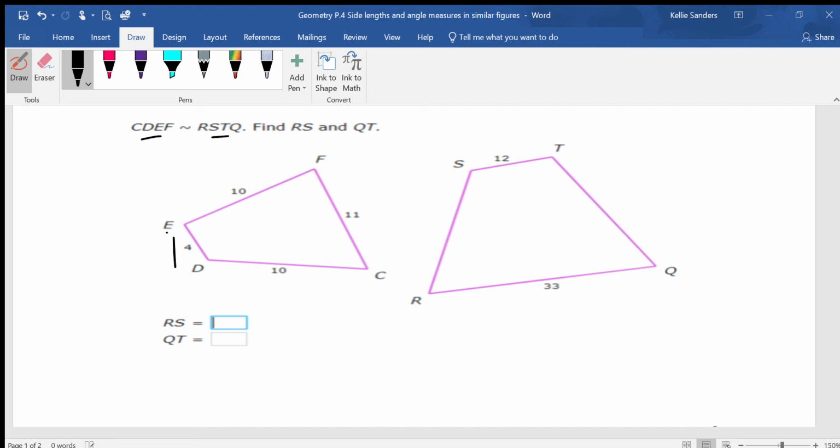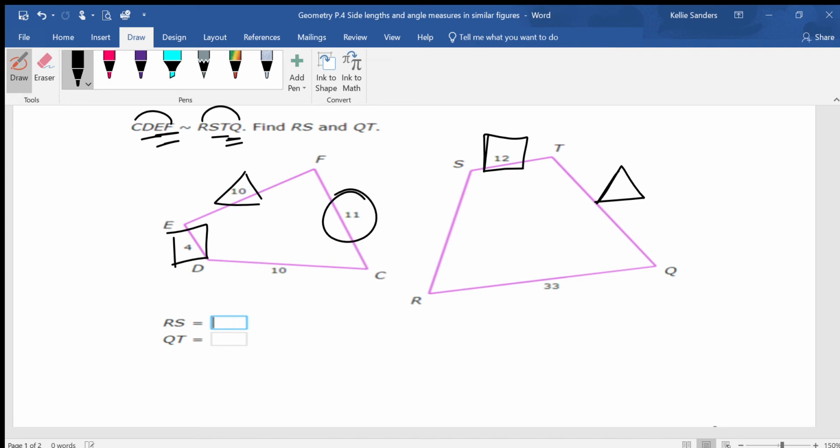ED and TS are congruent, or not congruent, but proportional. So I'm going to put a square over those. EF and TQ, so I'm going to put a triangle. FC and RQ, so I'm going to put a circle. And then I'll put a line here and a line there.